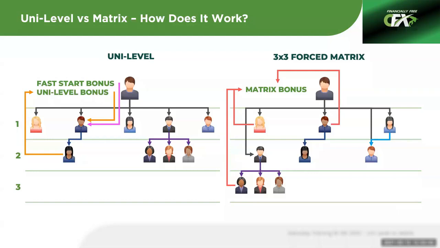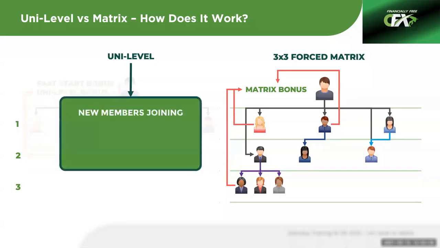So the simple way to remember what these two networks pay is as follows. The Unilevel really is about new members joining, because the Unilevel pays you the fast start bonuses and the Unilevel bonuses.